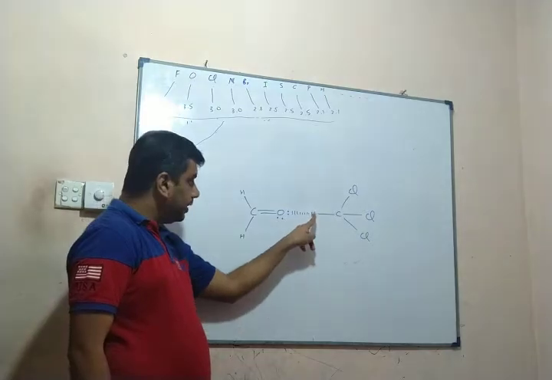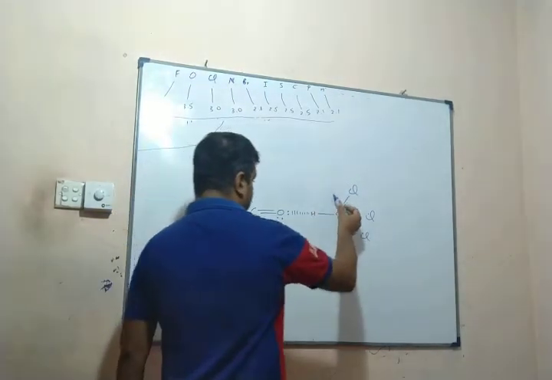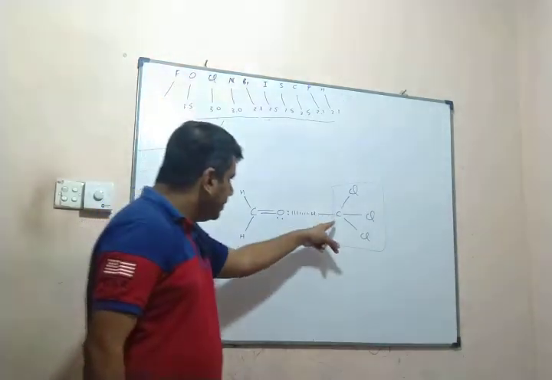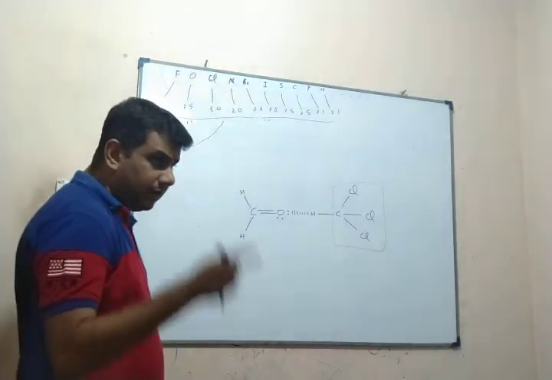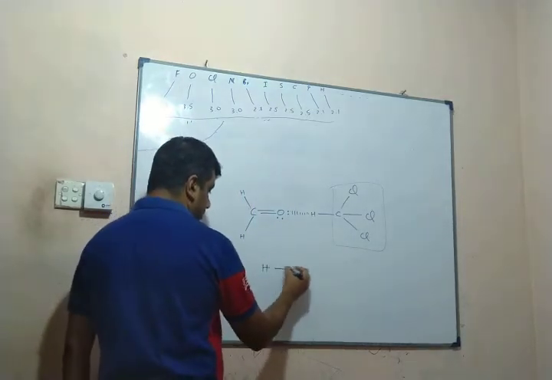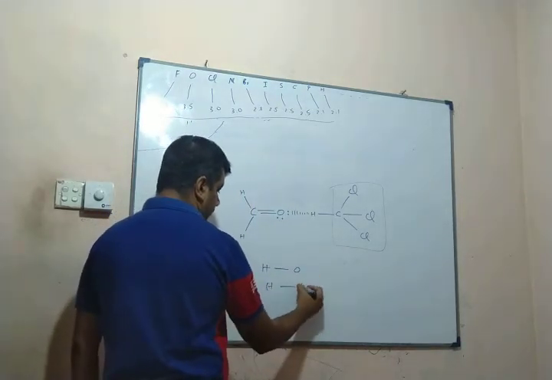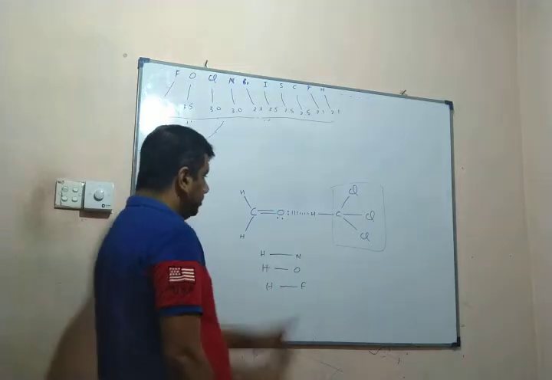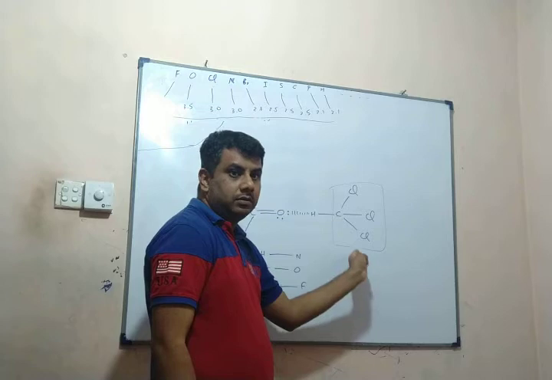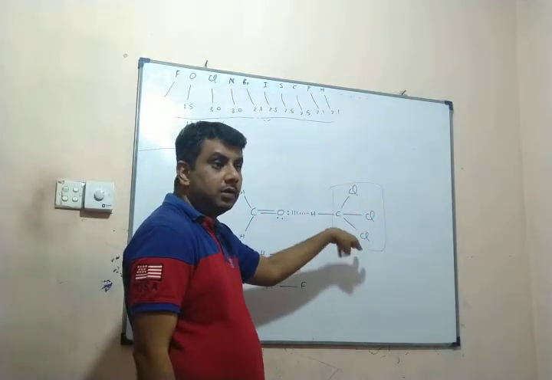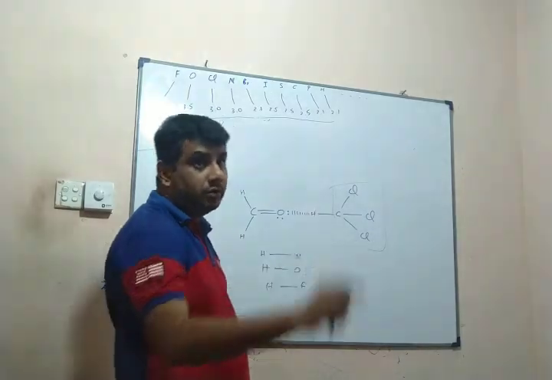So hydrogen is connected to what? A bulky group like this, CCl3. I have already mentioned hydrogen must be connected to oxygen or fluorine or nitrogen. But this hydrogen is connected to a different group, that is CCl3. But it's also a hydrogen bond.